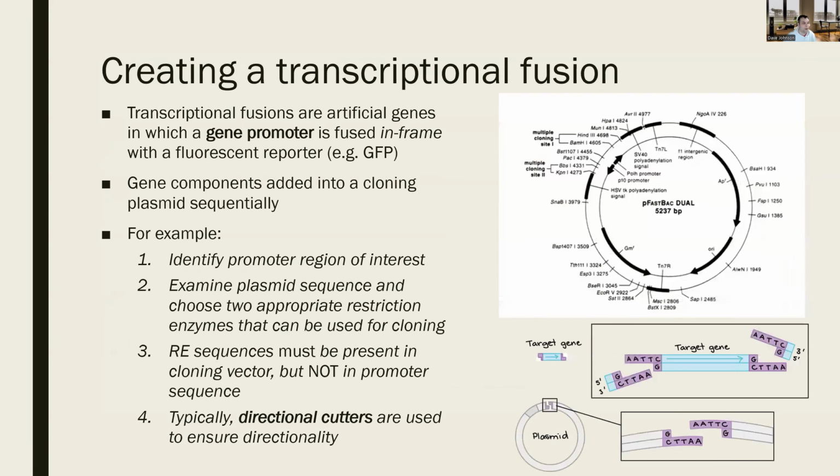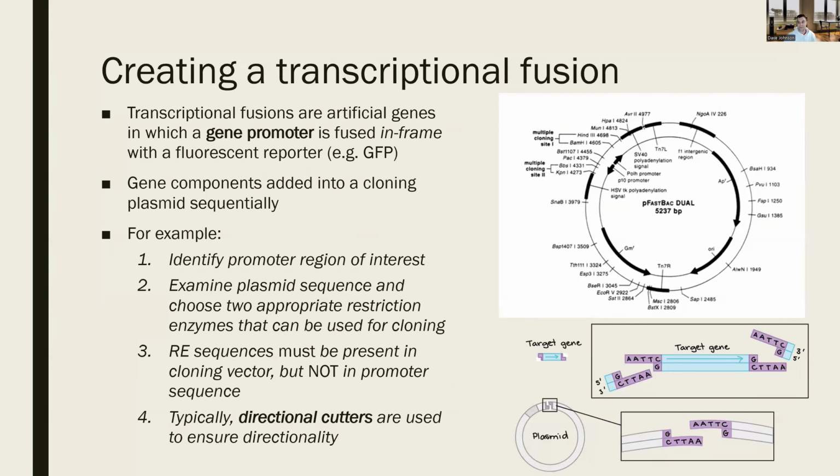So quite often what you want to do with a transgene is use that to figure out when a particular gene is expressed and where it is expressed. Okay. If you are interested in simply knowing when a gene is activated and in what cells it's activated, you can create something called a transcriptional fusion.